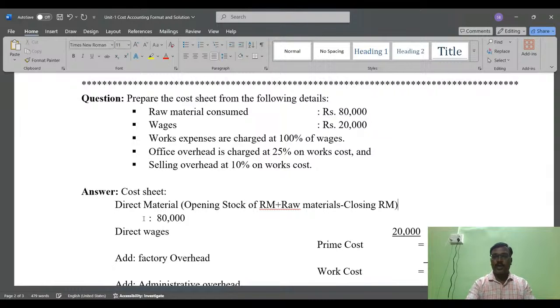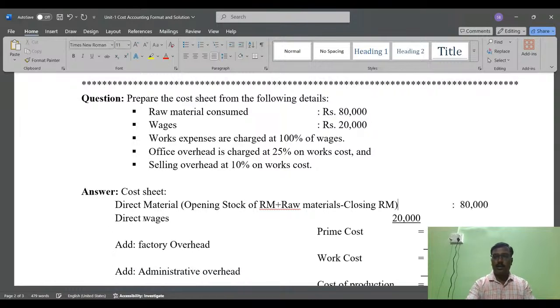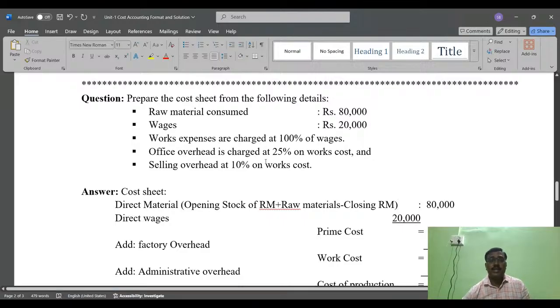Usually, this is the format. We could go like a format: opening stock of raw material plus purchases minus closing raw material. In this case, they have given only the raw material consumed. So there is no opening stock, there is no closing stock. So we could apply directly 80,000 in the outer column.